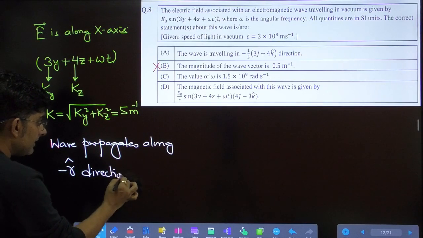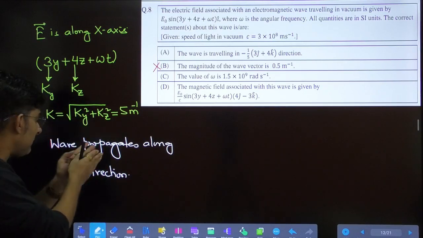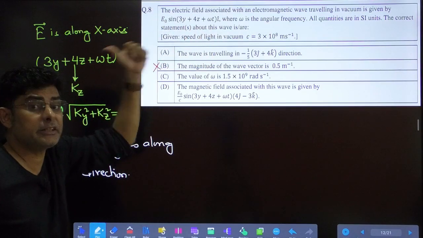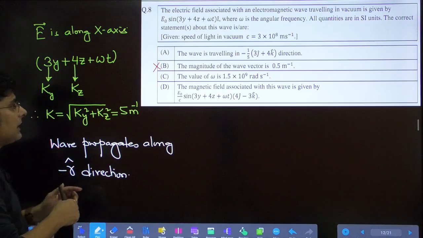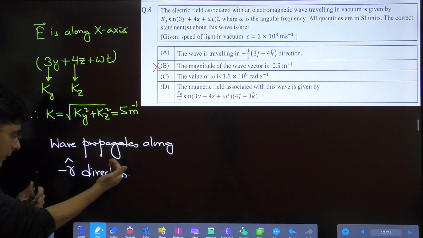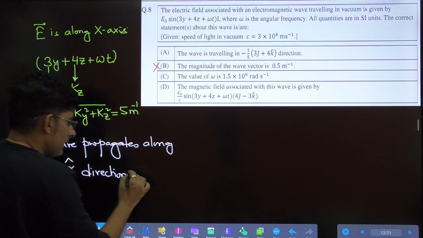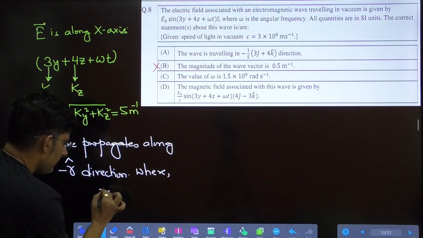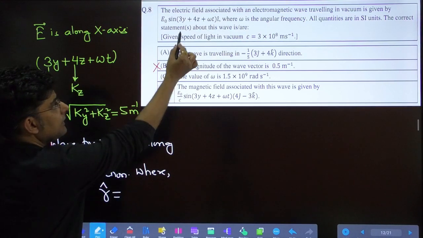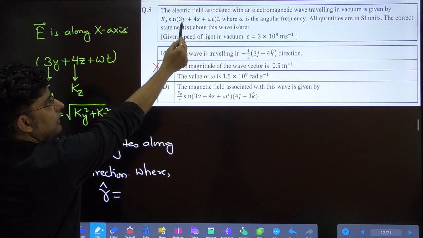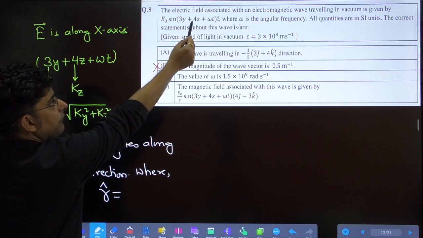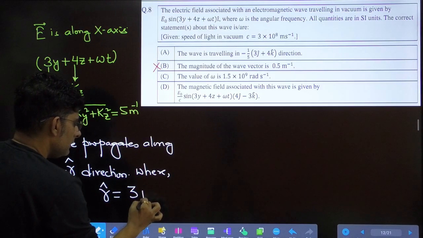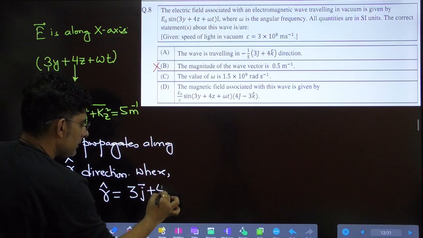Now you will say what is minus r cap? Again telling why I am taking minus, because as I said if it was kx plus omega t, you will say that it is moving along negative x-axis. Similarly, I am taking the wave propagating along negative r cap, where r cap is, just see the vector terms, with y you have 3, with z you have 4, so it is 3j cap plus 4k cap.